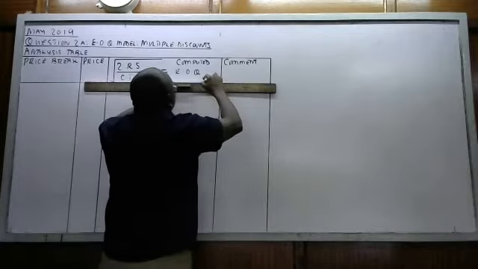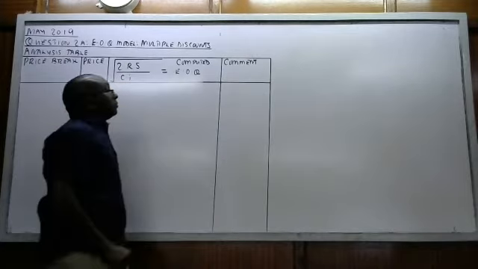Those are the columns that we require to have. So we begin with the first one.